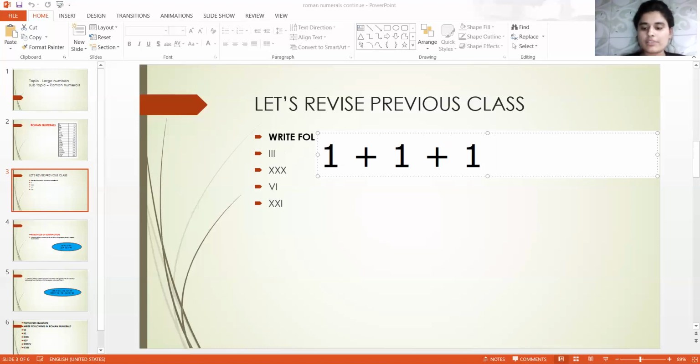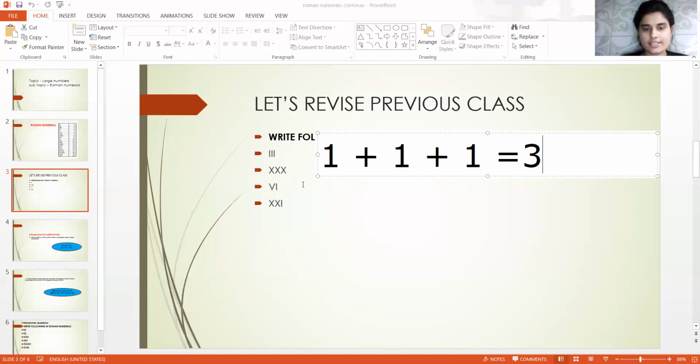So it gives 1 plus 1 plus 1, 3. So I I I, a Roman numeral, represents 3 in Arabic numeral.